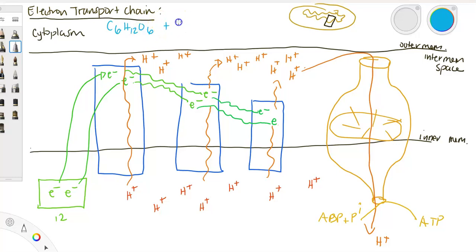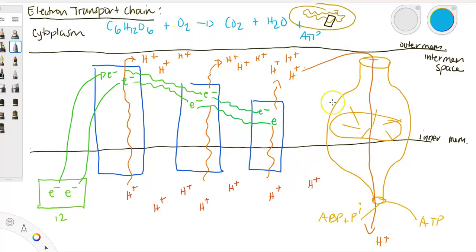C6H12O6 plus oxygen gives CO2 plus water plus ATP. And we said that the glucose was oxidized, it's broken apart, and the oxygen is reduced. So we're taking electrons from glucose and we're giving it to oxygen in the end.